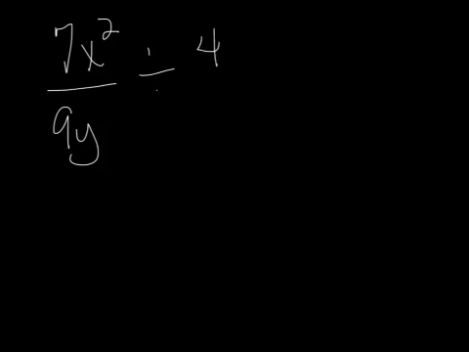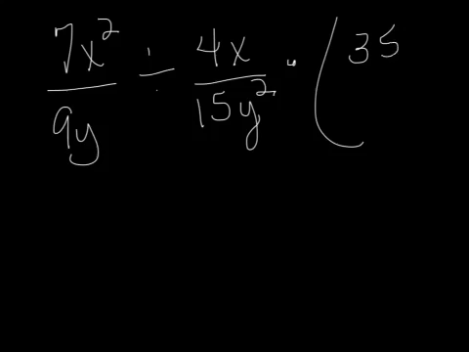Now, the next example. If we have 7x squared over 9y divided by 4x over 15y squared times 35 over 6xy, all to the negative 1.